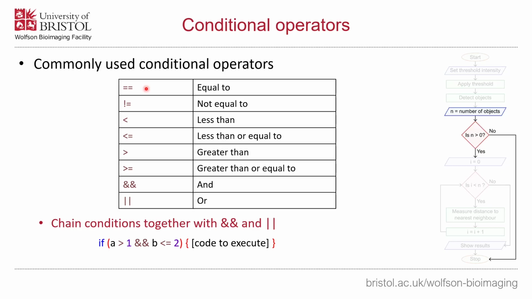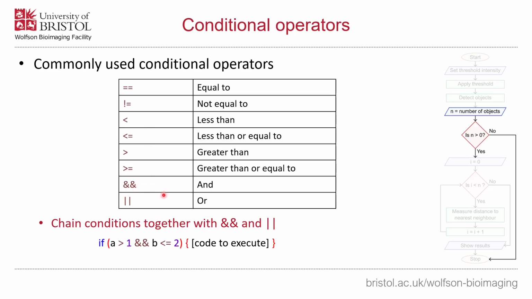So it's double equals to check for equality, exclamation mark equals to check for an inequality. So what we could do previously was say n is not equal to 0, because we know n shouldn't be negative. It would achieve the same thing as just saying n is greater than 0. Also got less than or equal to, greater than or equal to, no surprise there.